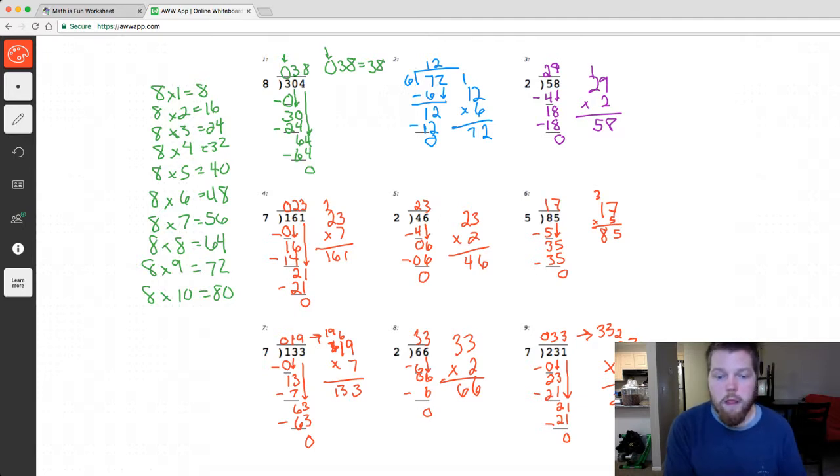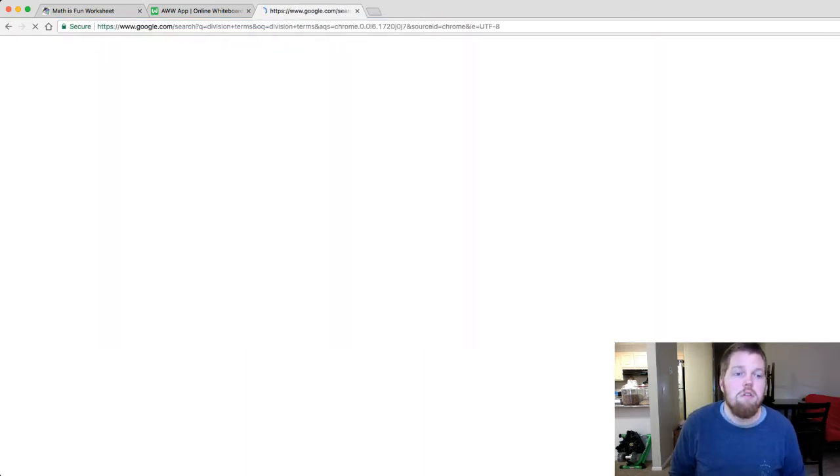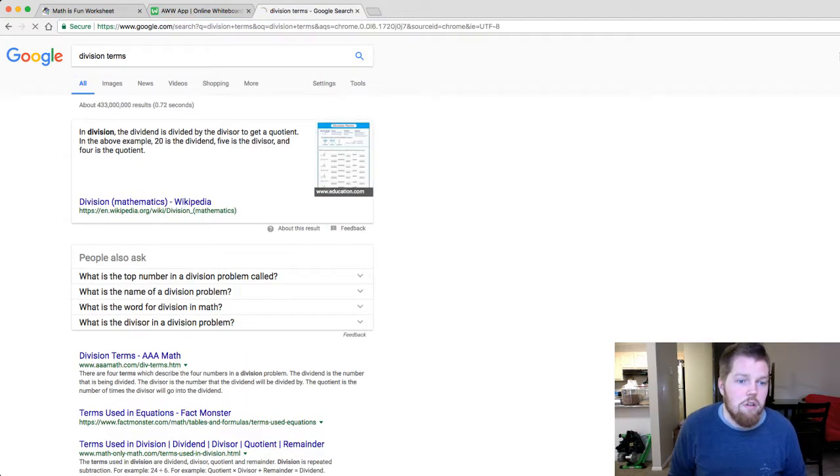So let's use our first one that we went through as our main example to get down our steps here. So we're going to ask ourselves, can our divisor go into, I think this is called the division terms, the dividend.